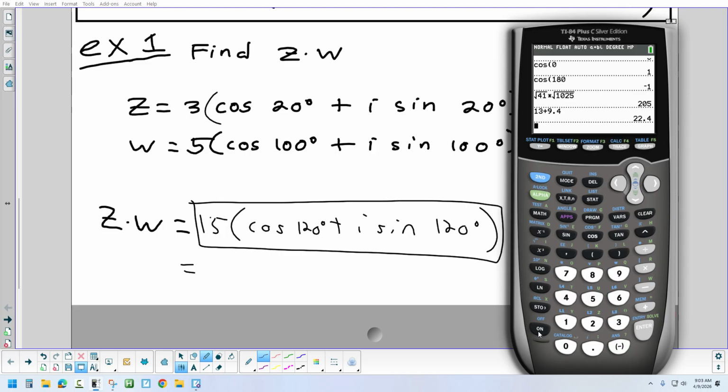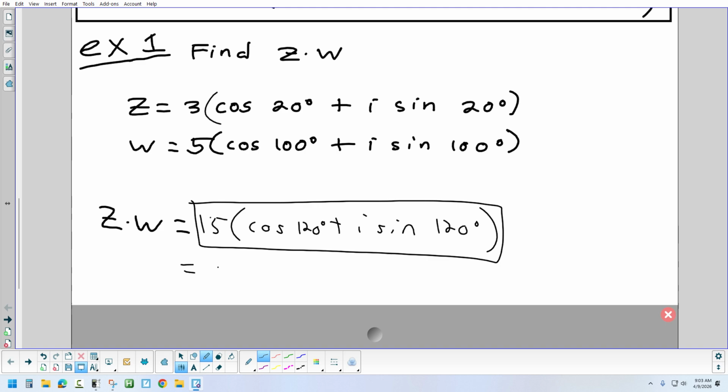Okay, and we'll probably get some decimals. I'm just going to go to two places. Let's do 15 times the cosine of 120, and that gives me negative 7.5. And now let's do 15 times the sine of 120.